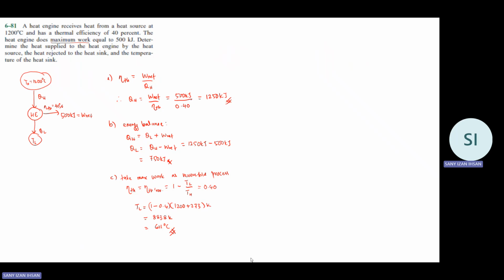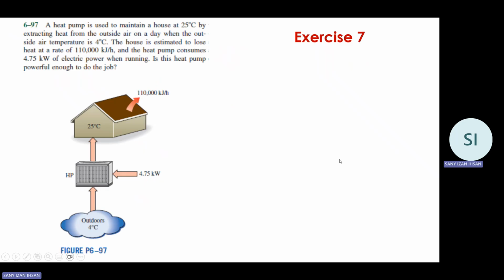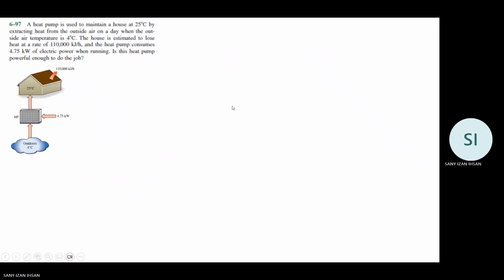Let's go to the next problem. A heat pump is used to maintain a house at 25 degrees Celsius by extracting heat from the outside air, on a day when the outside air is given as 4 degrees Celsius.